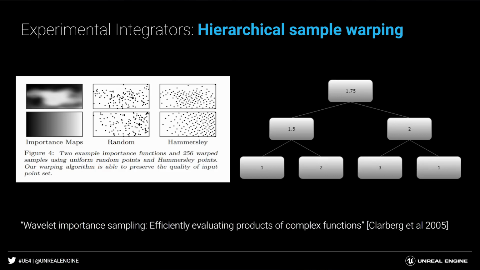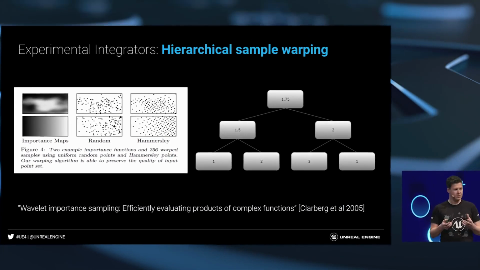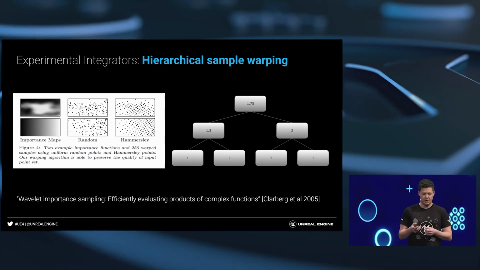In this paper, the authors describe a way to basically permute a uniform random distribution sequence, or any random sequence that you prefer, and push it through this importance sampling structure to generate sample points that are warped by this new distribution. And I refer you to a Ray Tracing Gems article that just came out.